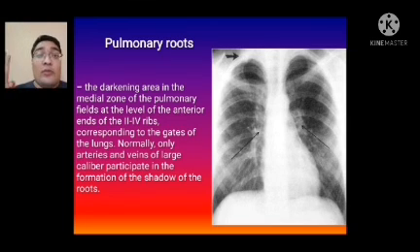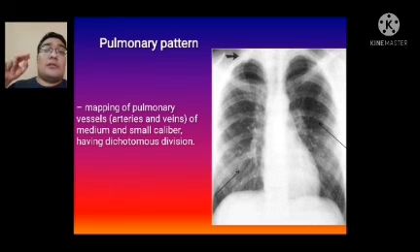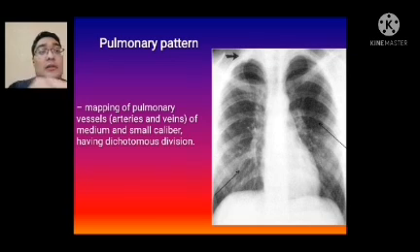So in normal cases, we can see only the blood vessels. Pulmonary roots are the bigger arteries and veins near the heart. The pulmonary pattern is the small first and second stage blood vessels that we can see like a tree, inside of the field.